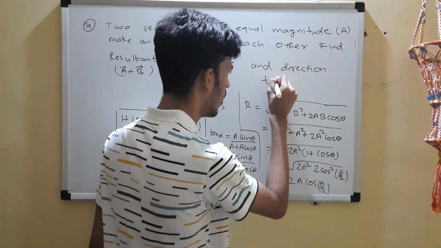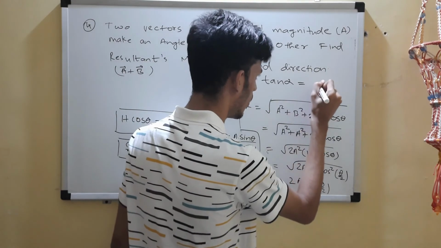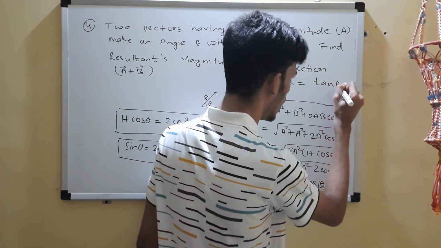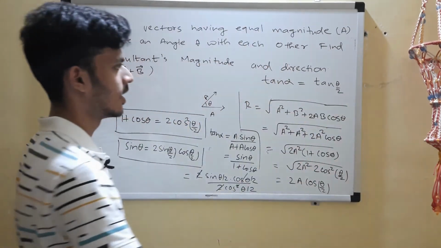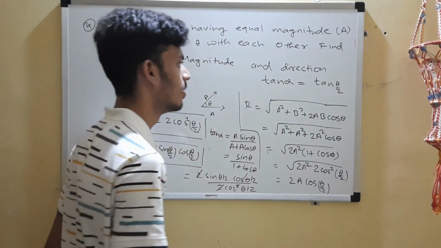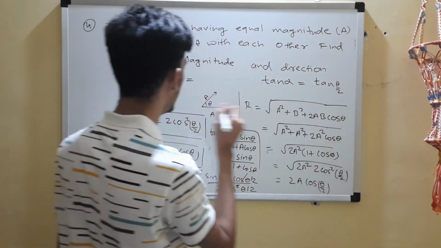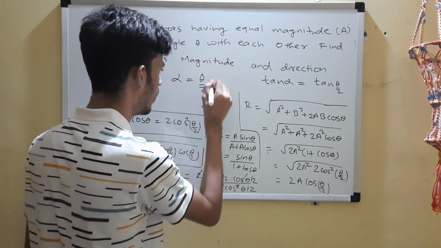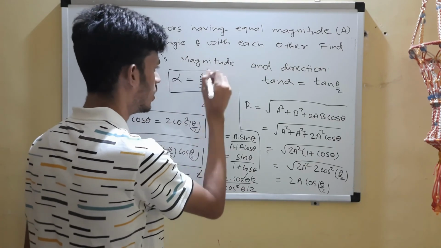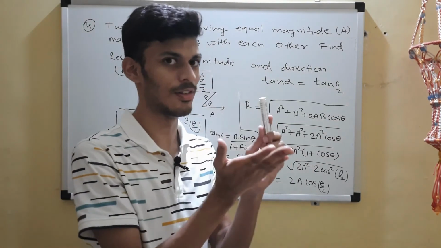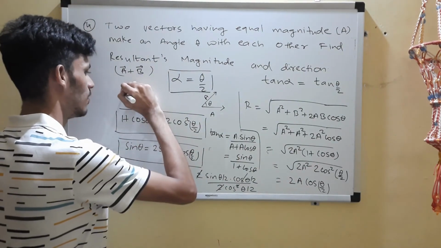So on the left hand side you have tan alpha, on the right hand side you have tan theta by 2. So you can generalize the solution, maths people, but simply we can say if tan of this is equal to tan of that, we can simply say alpha is equal to theta by 2. Okay, so the resultant of the two vectors, suppose the same case we had, right?